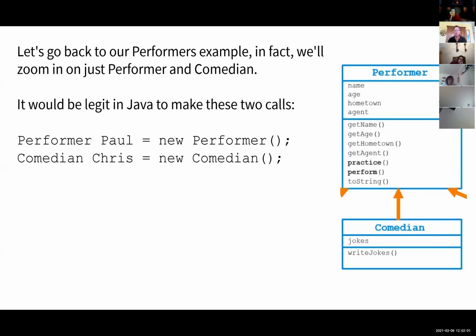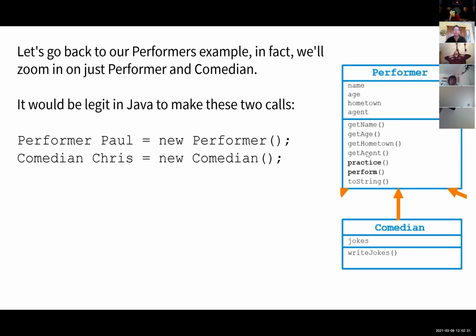Let's go back to our performers example. And in fact, I'm zooming in on just the performer parent class and the comedian class below it. I know it's pretty small on your screen share, but this little diagram here is again from one of the first two videos for this unit. They've got variables up top: name, age, hometown, agent. Those are things every performer has.